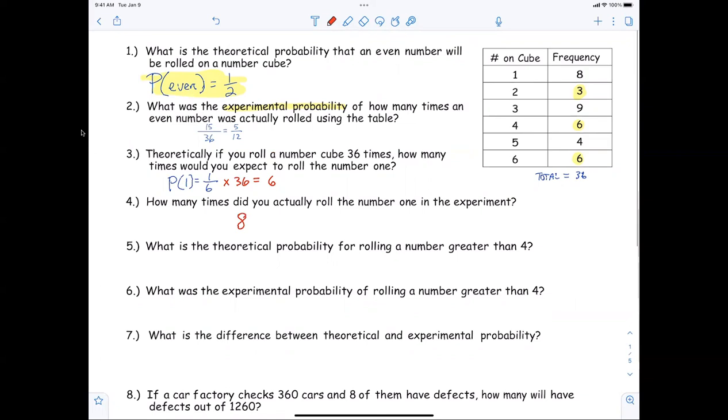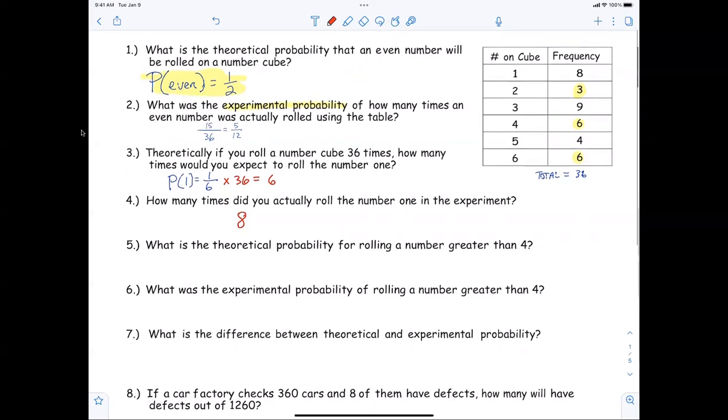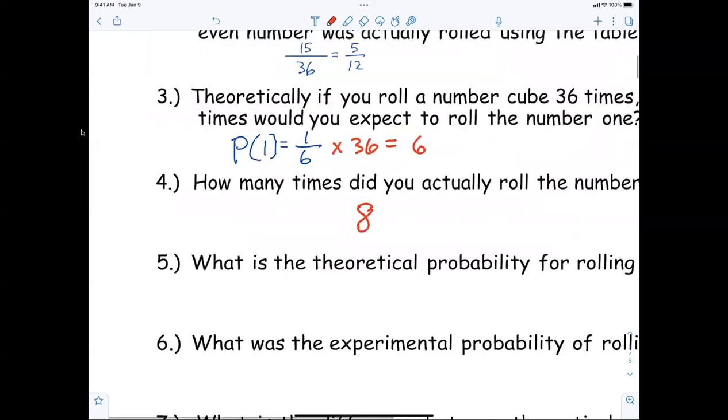Isn't it between 1 over 6 or... I have no idea what you just said. How did you get the 6 at the bottom? 1/6 times 36. What is 1/6 times 36? How did I know that?